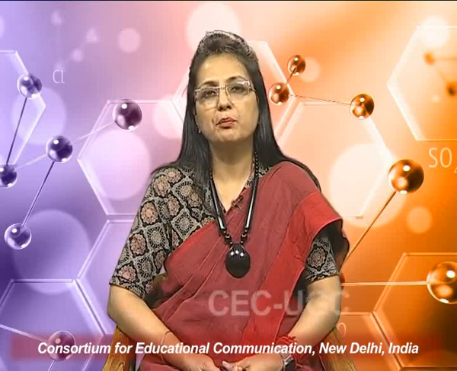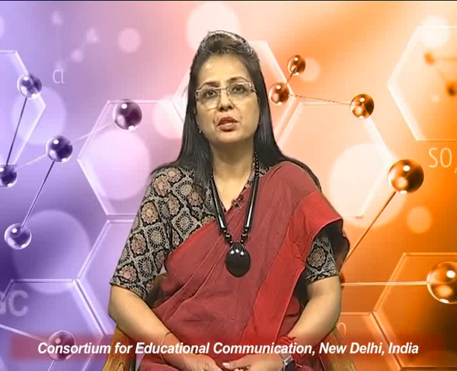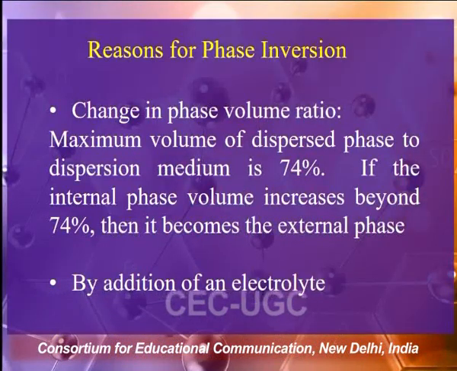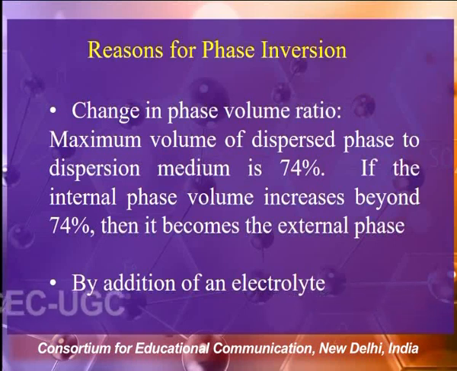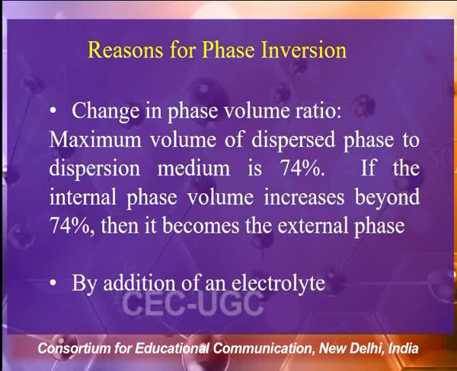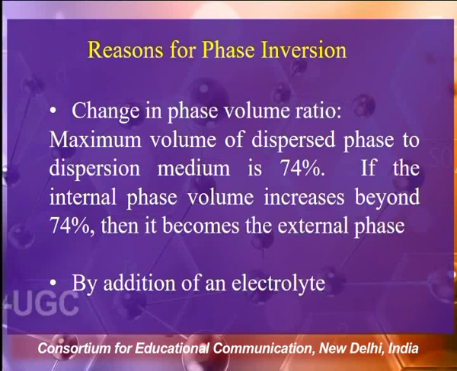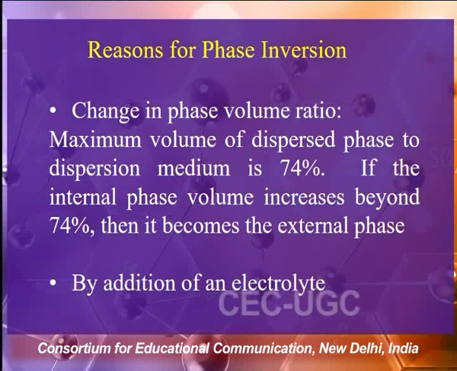There could be multiple reasons by which phase inversion may appear. Phase inversion can occur because of a change in phase volume ratio. Each phase has to contribute a particular volume with respect to the final preparation. So we say that if the dispersed phase is to remain as dispersed phase, the maximum volume occupied by it should not go beyond 74%.